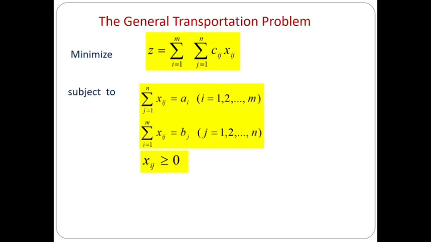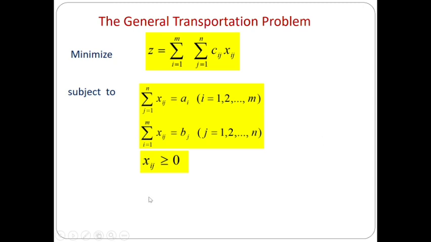The same thing can be represented as a general LPP, that is, a linear programming problem, like this. Here we have to minimize the total transportation cost, subject to the conditions: there are availabilities from various sources, 1 to M, and there are requirements at various destinations, B1 to BN.